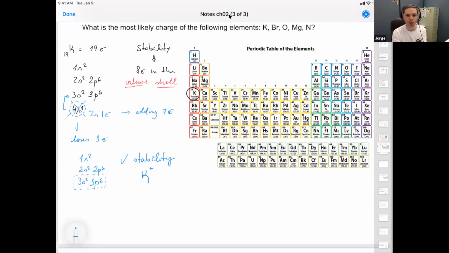For potassium, we have two options: either add 7 or lose 1. Which one is easier? Losing 1 is much easier than convincing someone to give you 7 electrons. Therefore, potassium is stable when it has a 1 plus charge, and that's the most likely charge for this element.